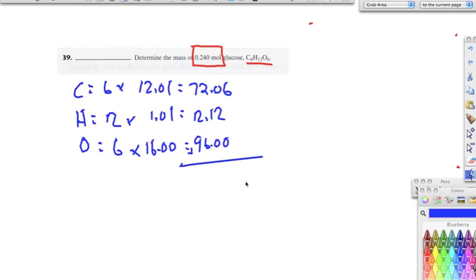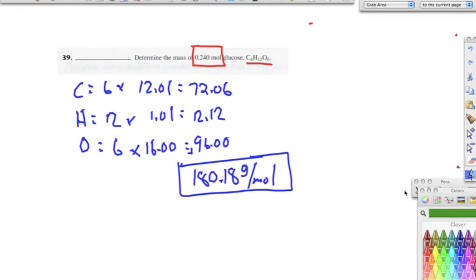Add those guys up to get the molar mass, and we have 180.18 grams per mole. Now, that grams per mole means basically we have 180 grams of glucose, and it equals 1 mole of glucose.